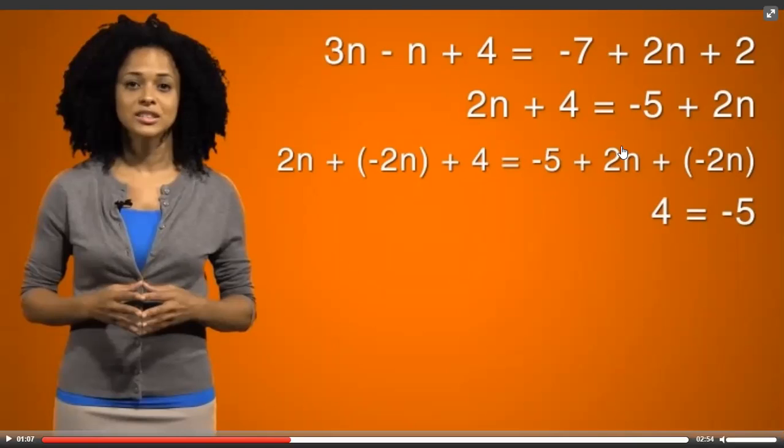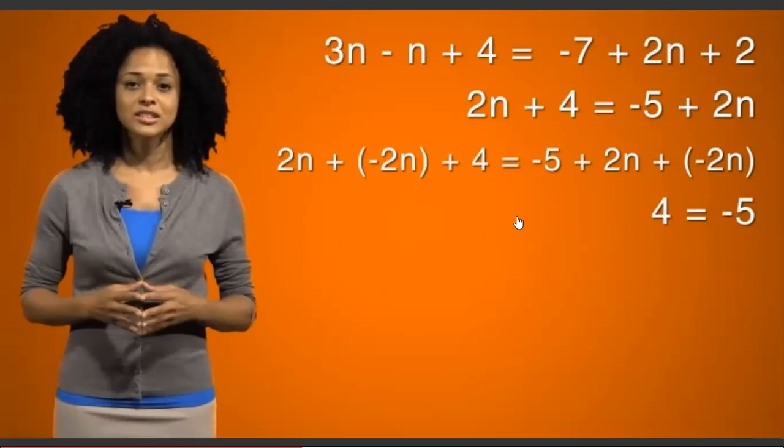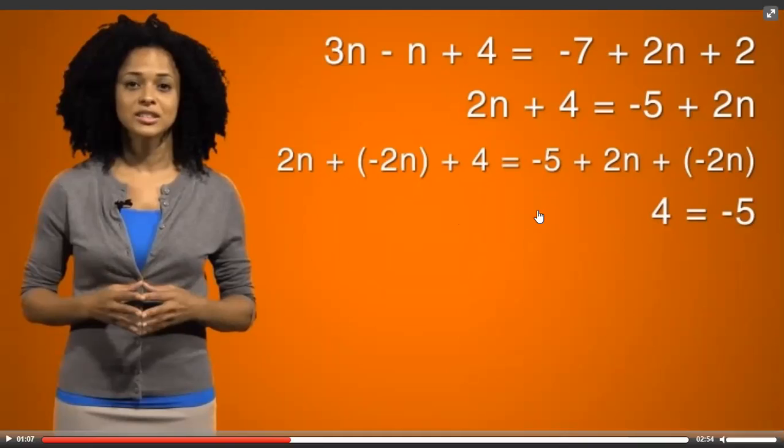When you lose all your variables, they get all canceled out like they did here on both sides, and you end up with an untrue statement, something that's false. It's a no solution problem. So what you're going to find then is that you really got 3 options with equations. You can have one solution, you can have no solution, or you can have infinite solutions.